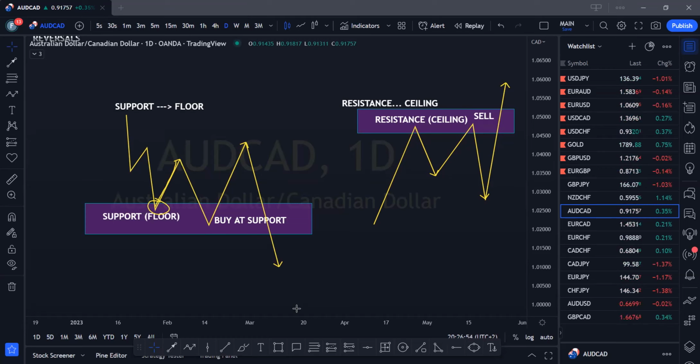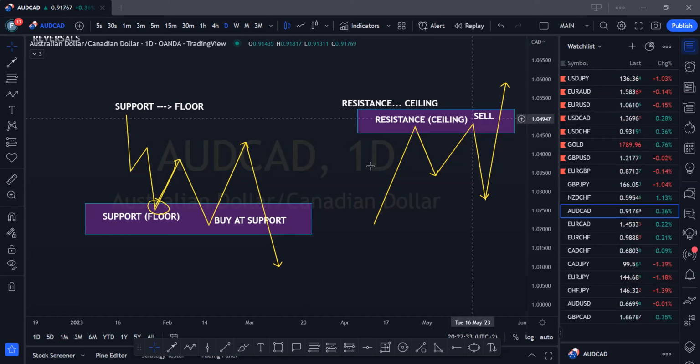Minimum is 2 touches, but there are some people that use 3 touches before that zone is established to them. There are a whole lot of things involved as well. All of that, we will talk about when we start talking about strategy, right? But what I want us to understand right now is just the general concept of what a support is and what resistance is. So I'm not talking about specific entries right now, but good point that you made, Mr. Idris.